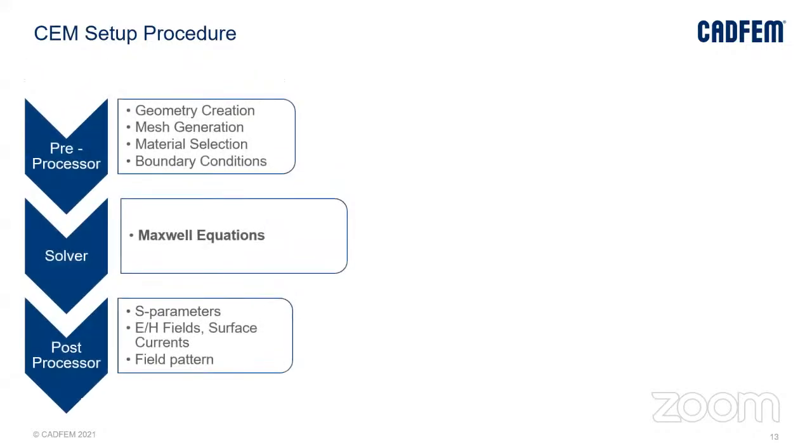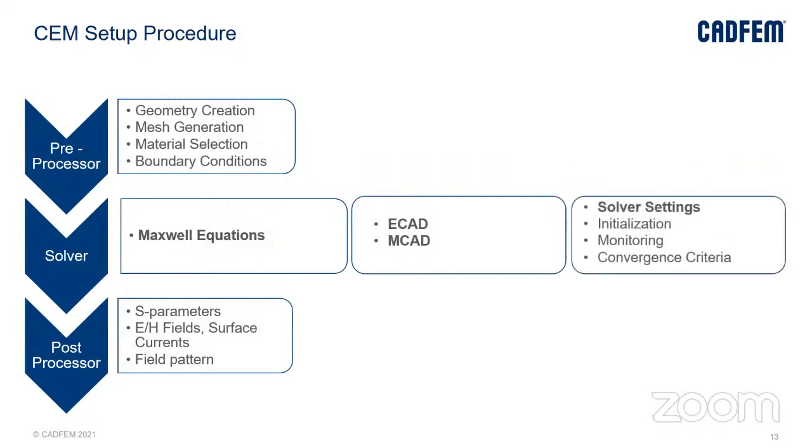The setup procedure for simulation would be: create a geometry, generate a mesh, select materials, and define boundary conditions. We import some ECAD or MCAD, where MCAD is mechanical geometry and ECAD is electronic geometry, into the tool.